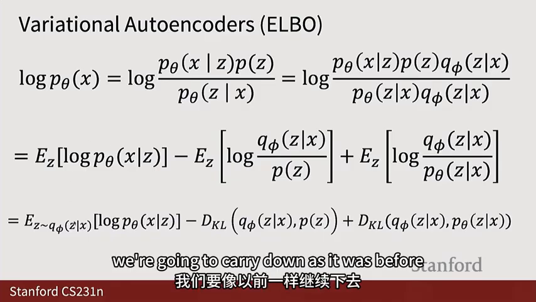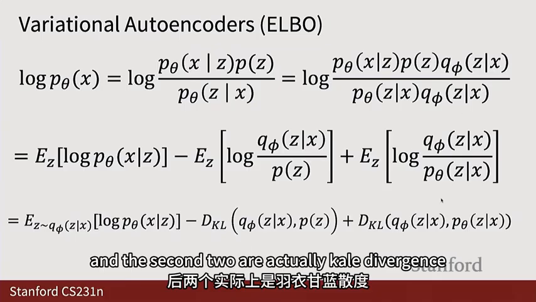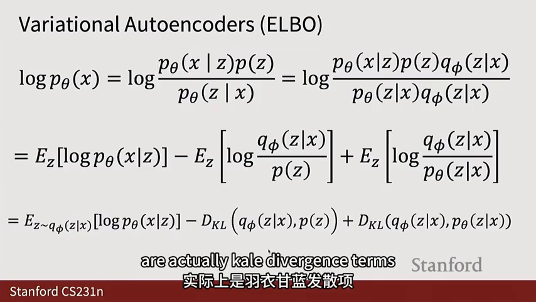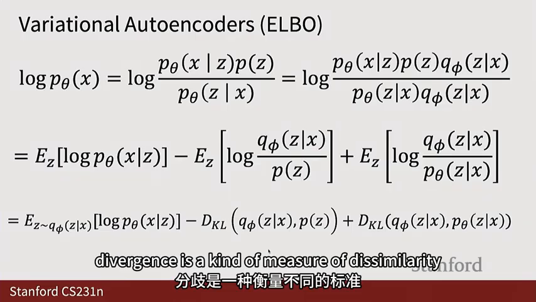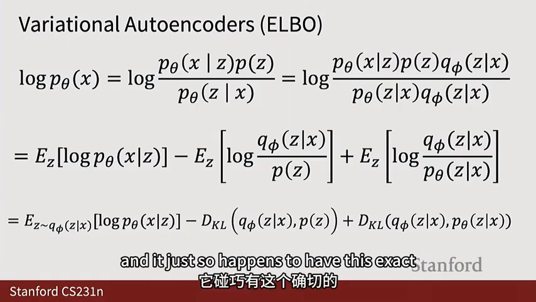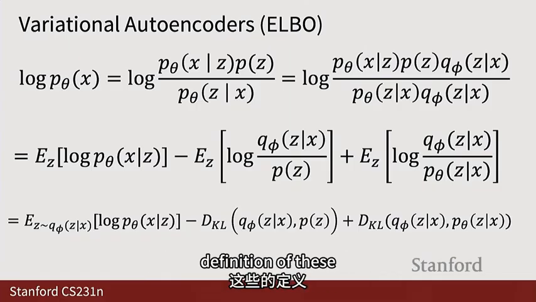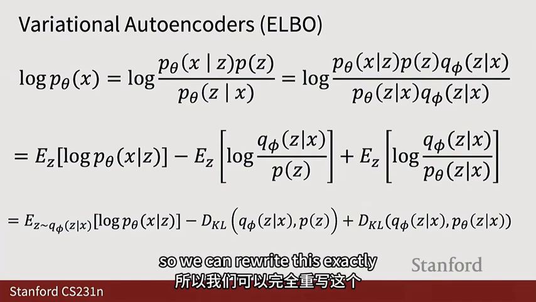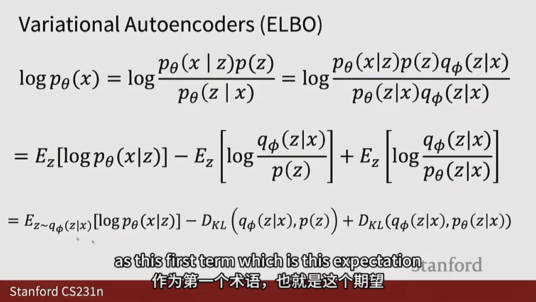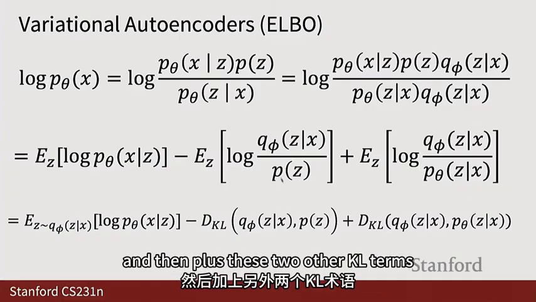So this first one, we're going to carry down as it was before. And these second two are actually KL divergence terms. So the KL divergence is a kind of measure of dissimilarity between probability distributions. And it just so happens to have this exact definition of these latter two terms. So we can rewrite this exactly as this first term, which is this expectation, blah, blah, blah. We'll talk about it. And then plus these two other KL terms.